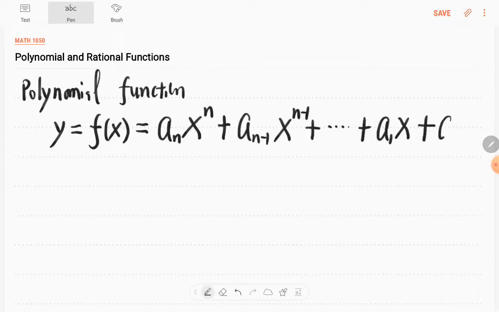Plus a sub 0. So this is the typical form for a polynomial, the general form for the polynomial function. So here we have some information for this function. So this n, the highest power n, is called the degree of this polynomial.